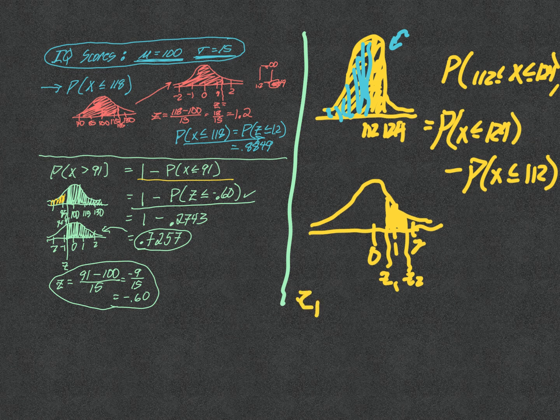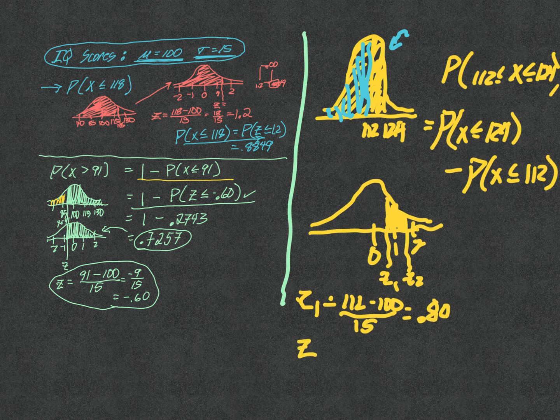So z1 is for the 112. So that's 112 minus the mean divided by the standard deviation, which is equal to 12 over 15, which is 0.80, if you wish.